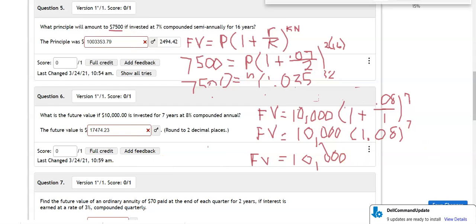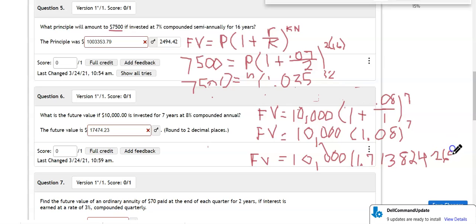Let's see what that is. That ends up being 1.713824269.